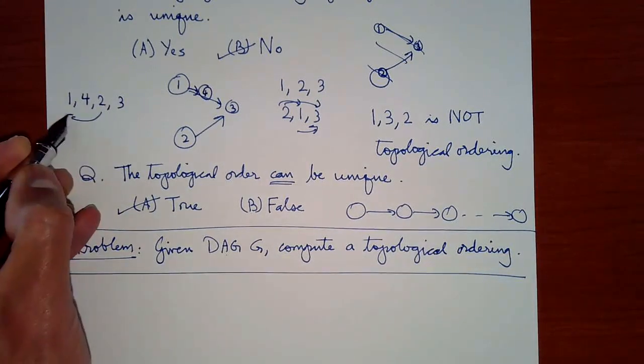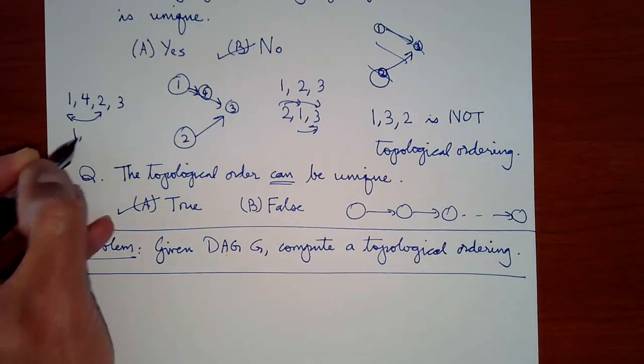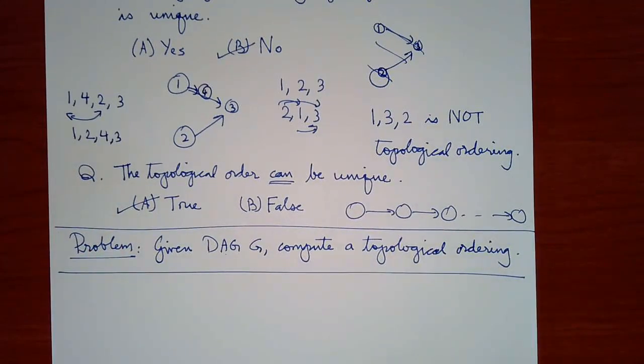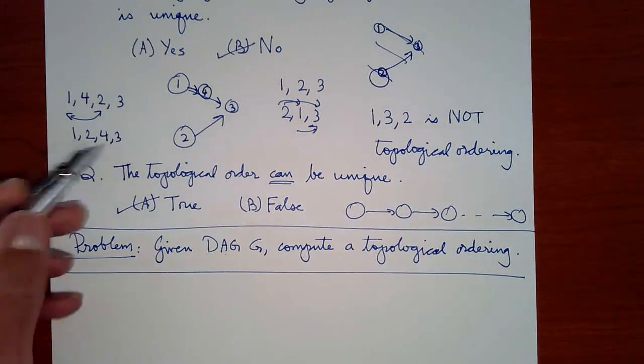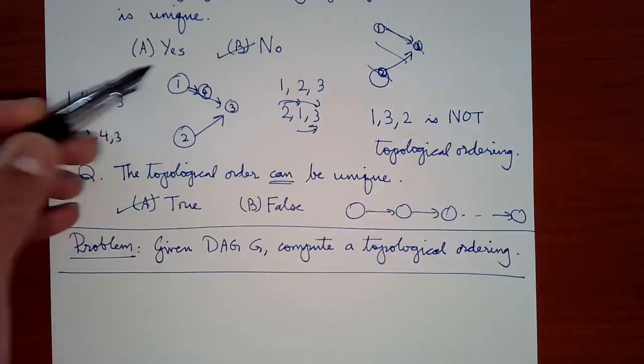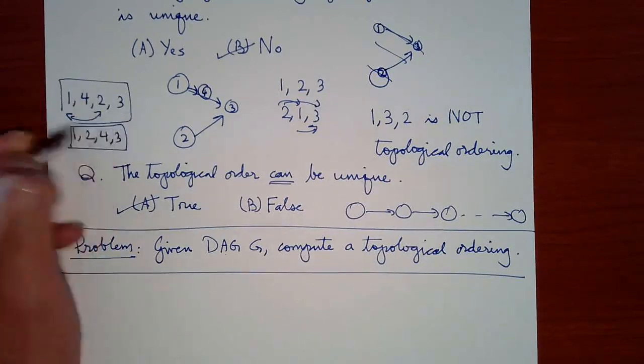Now I cannot switch 1 and 2. But if the ordering was 1, 2, 4, 3, then I could switch 1 and 2. So you have to be careful with your definitions. You might think 1 and 2 are interchangeable, but they're only interchangeable in this ordering. They're not interchangeable in that ordering.